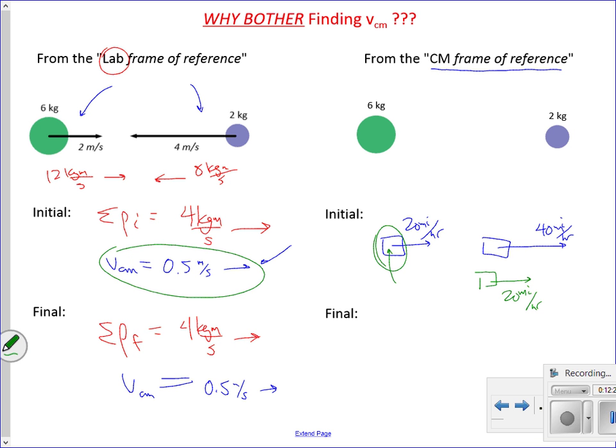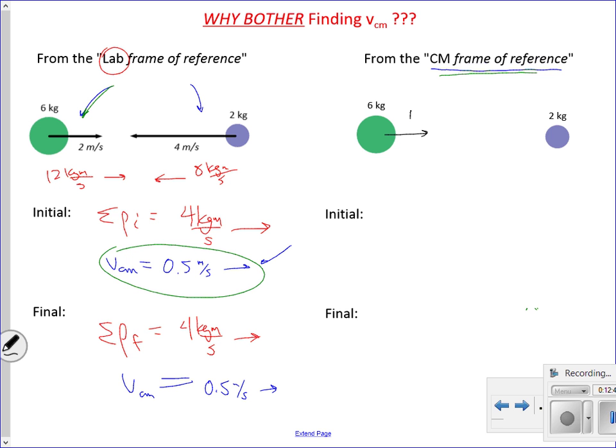So if we talk about the velocities of these objects from the center of mass frame of reference, which goes to the right at 0.5 from a stationary lab reference frame, this object would have a velocity relative to the center of mass frame of 1.5 meters per second.